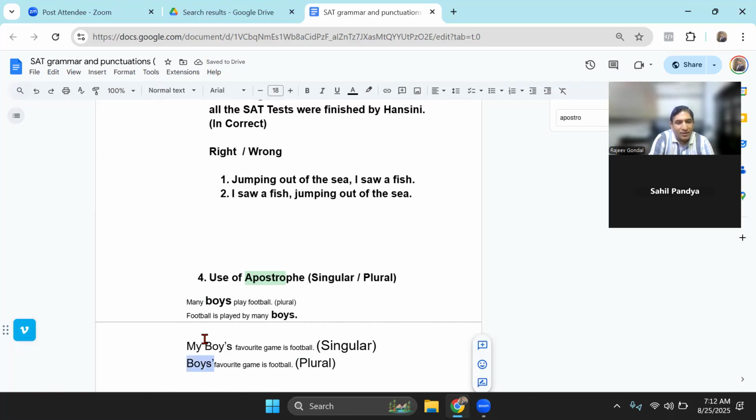I may be in a school and I say that boys' favorite game is football. So this means plural and the first one is singular. In case of plural, the apostrophe comes after S. Apostrophe after S. Does that make sense?